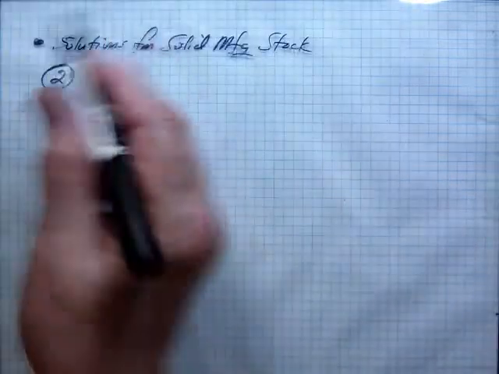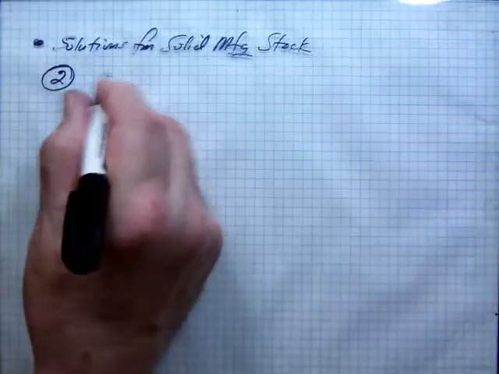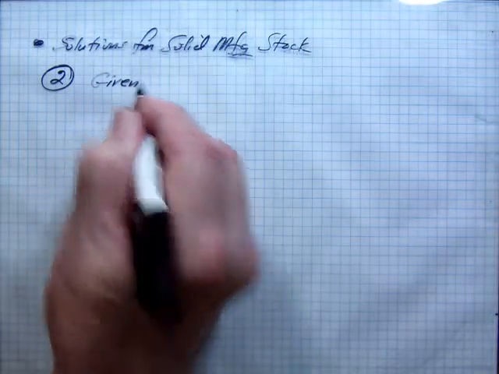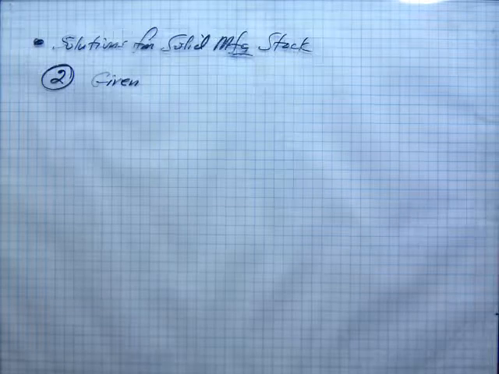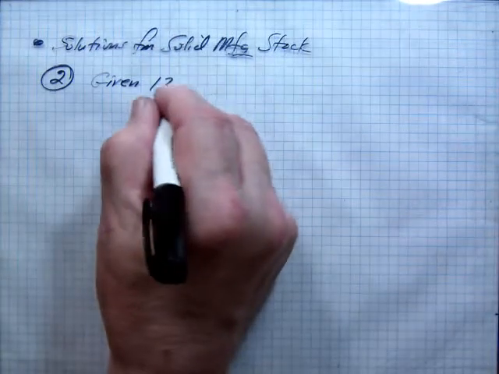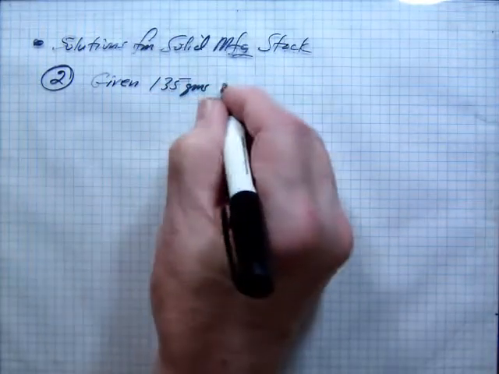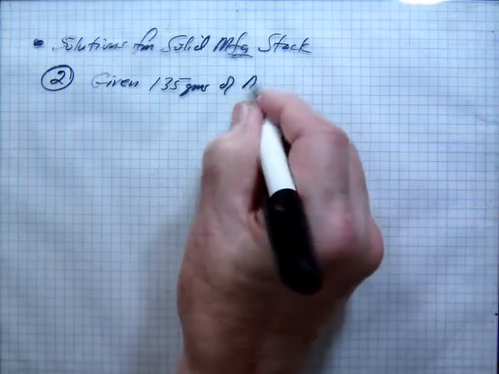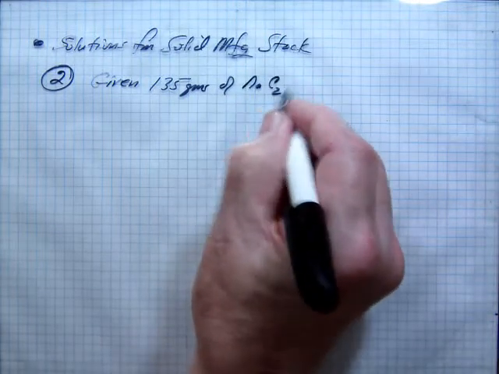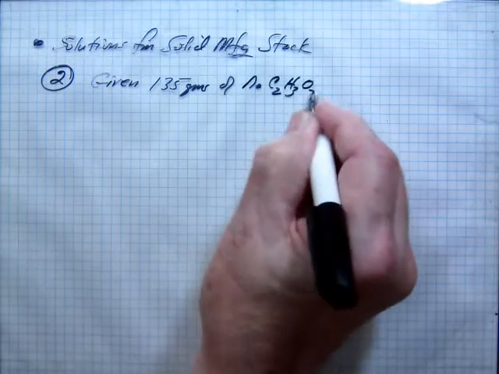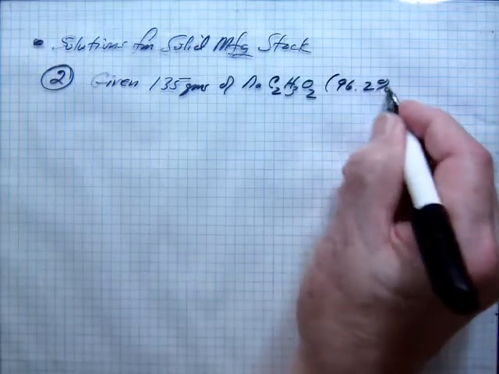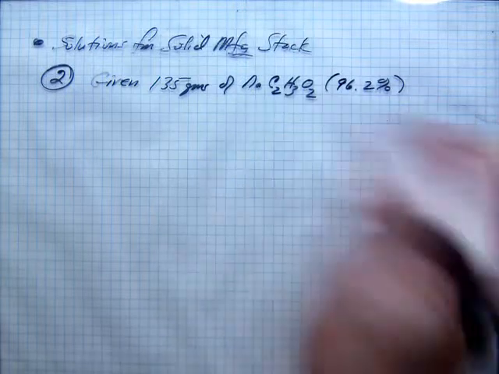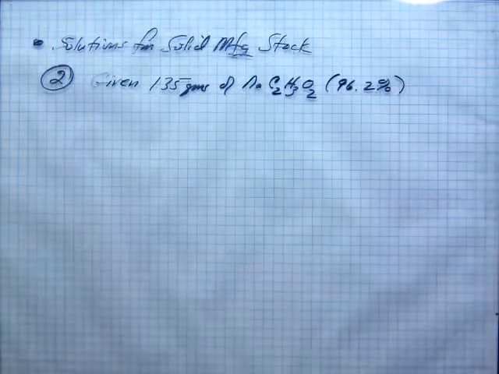So we're given 135 grams of sodium acetate that is 96.2% by weight active from the manufacturer.